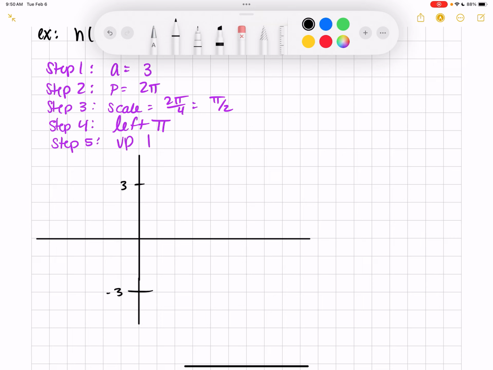Now, the period is 2 pi, so I'm going to do twos. Great, and I'm going to do a couple points on this side as well, just to go ahead and get ready. So, pi over 2, pi, 3 pi over 2, 2 pi. So over here, I'm at minus pi over 2, minus pi.